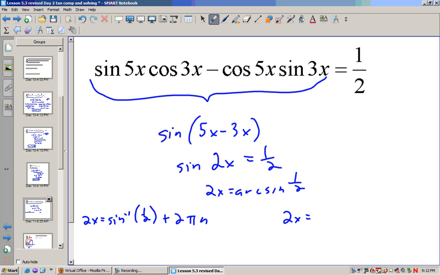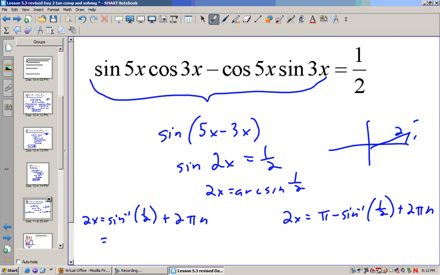And it's going to be pi minus the inverse sine plus 2 pi n. The inverse sine of 1 over 2, that's going to be at 30 degrees, so that's pi over 6. Pi minus pi over 6 is going to be 5 pi over 6.